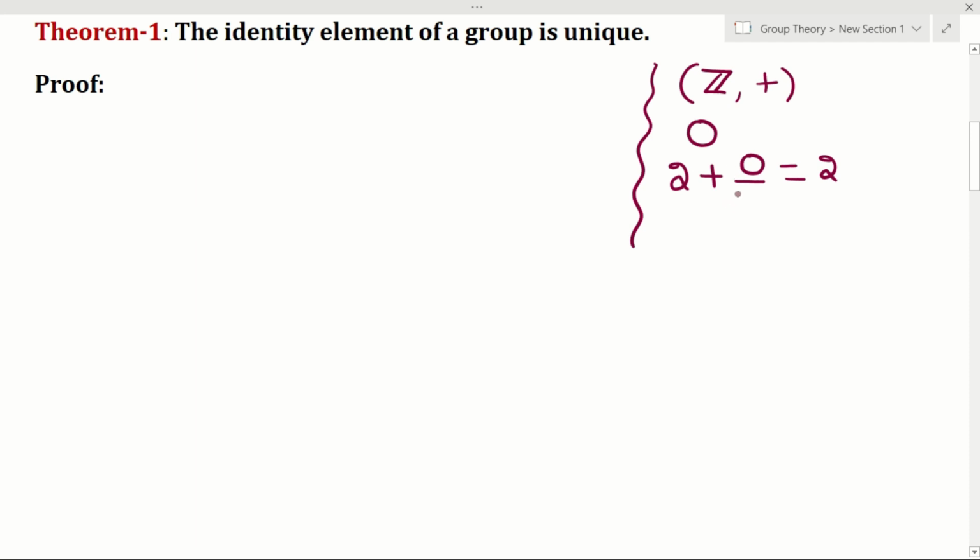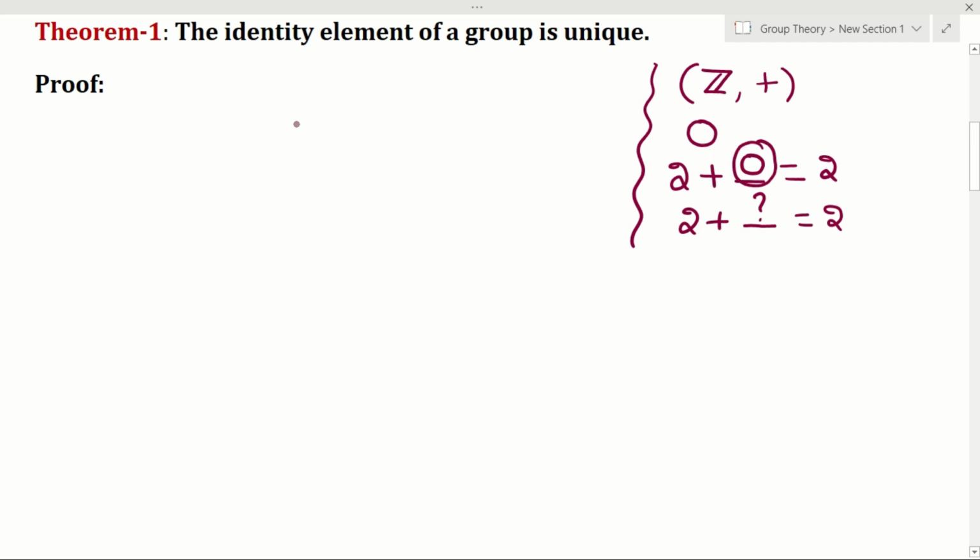See, the question is, if we consider 2, what is the element we can add so that I get 2 other than 0? Do we have any other element? No, we can't. Therefore, 0 is the one and only one identity element.